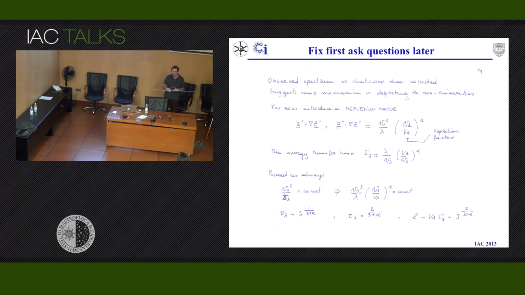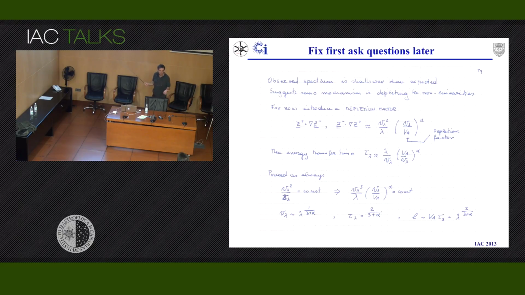Then I can think about what I have done to fix it. So we're going to fix it first and ask questions later. Let me fix the problem, and then we try to figure out what we've done. The idea is that these nonlinear interactions are not as strong as I thought.